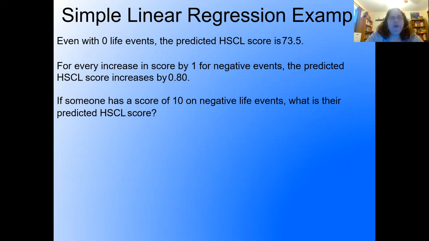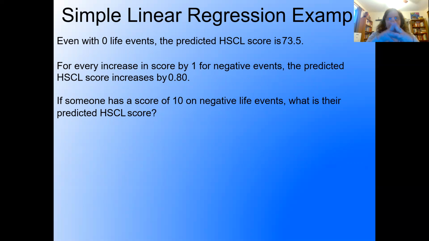Okay, so we're given a little more information. Even with 0 life events, the predicted Hopkins symptom checklist score is 73.5. For every increase in score by 1 for negative life events, the predicted HSCL score increases by 0.8. So if someone has a score of 10 on negative life events, what's their predicted HSCL score?